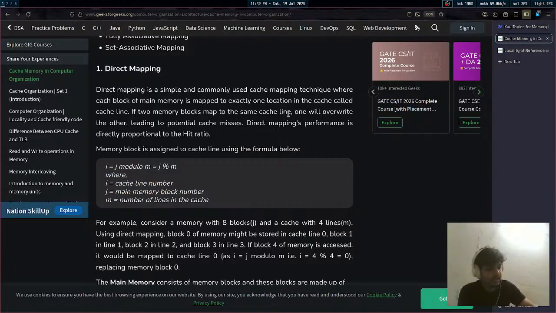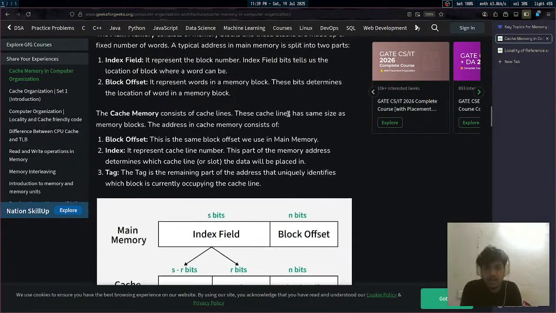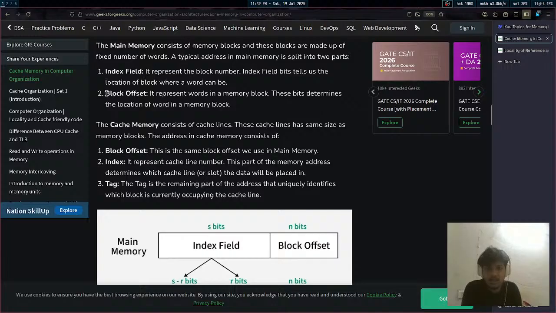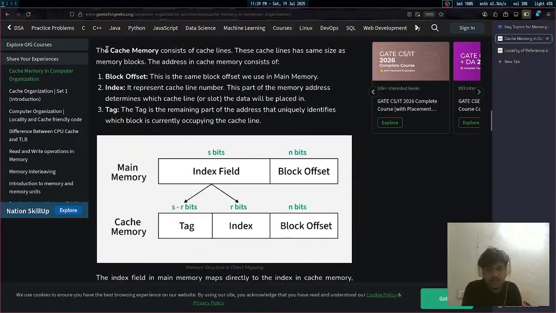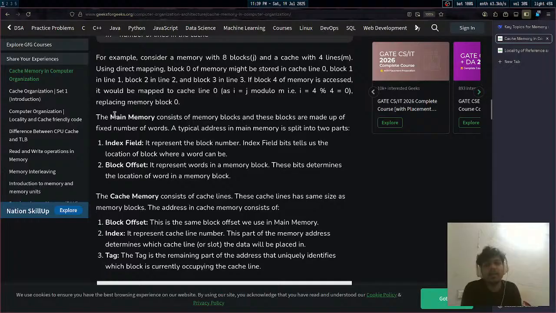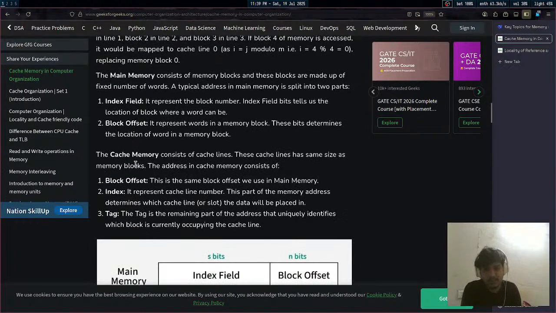I think it is time to just write it once so that I can understand what it is. Again, block offset, I think it works the same as the pages in NES, so I think I understand it pretty well. The only difference is that instead of being main memory, this is cache, right?